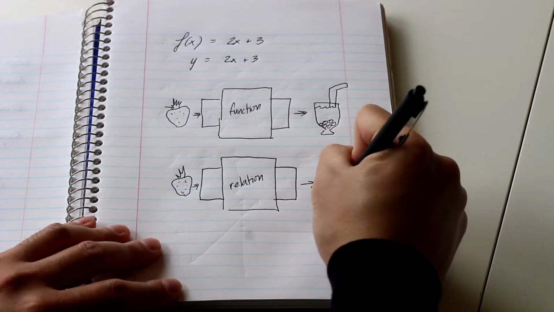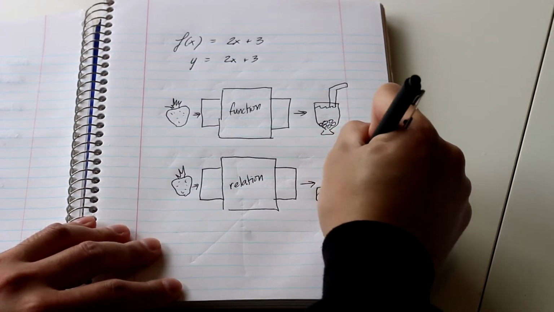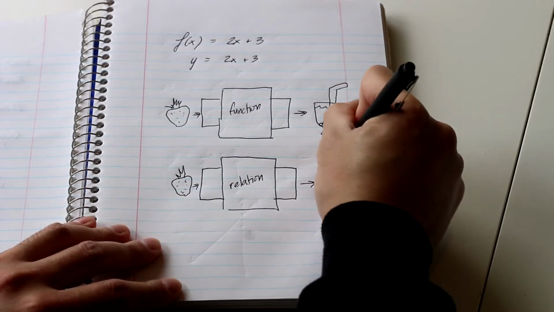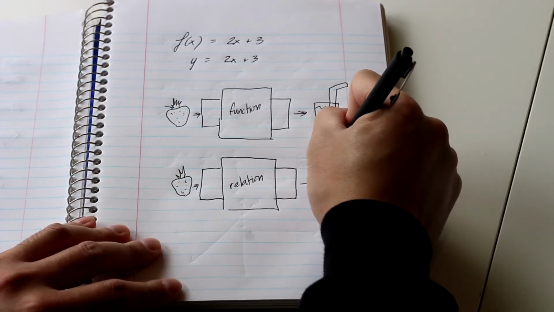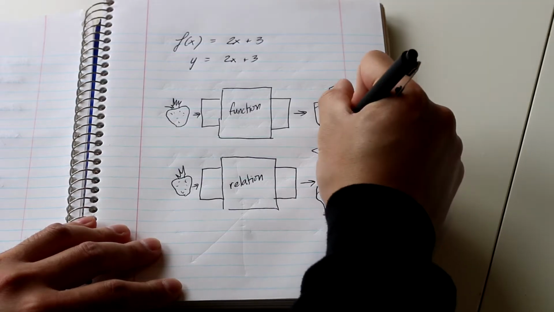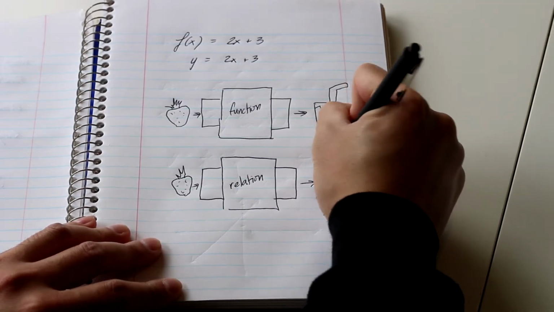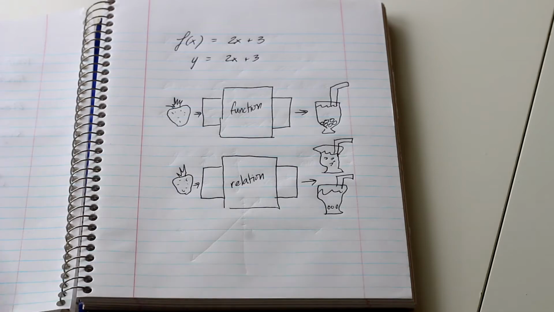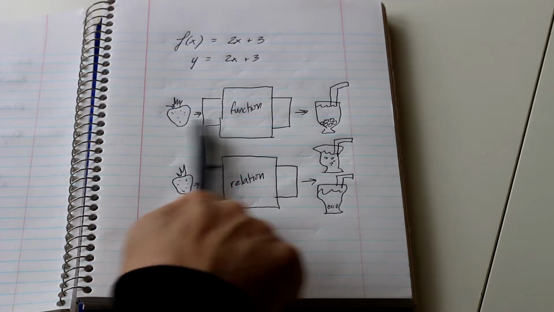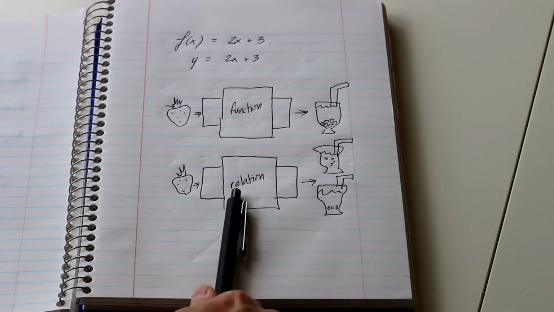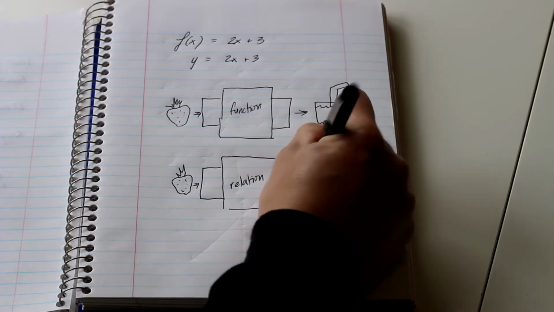But they're not both strawberry. Instead, I get 1 strawberry, oh, that's a weird looking cup, whatever, and 1 chocolate. Okay? So that's the difference between a function and a relation. Function, 1 thing in, 1 thing out. Relation, 1 thing in, 2 things out. Well, I should probably put an arrow right there, huh?